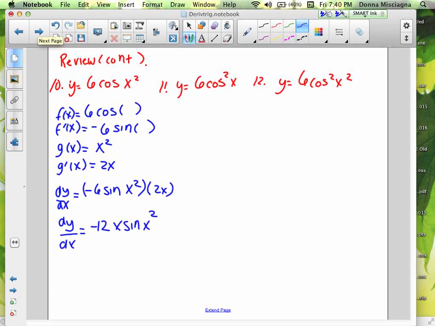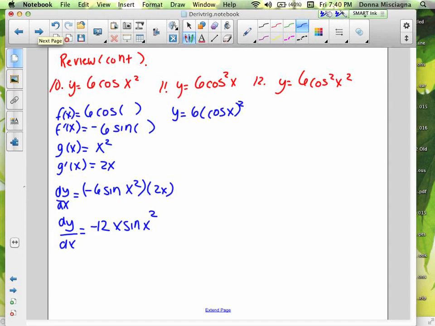All right, so now the other one's not an x squared. It's y equals 6, the 6 is not raised to a power, cosine x all squared. Okay, so now we have a slightly different chain rule.